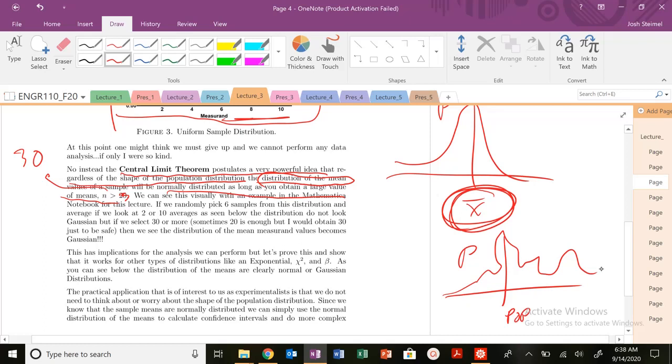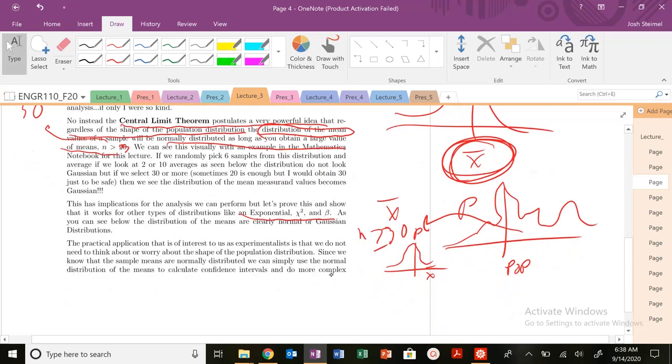But always, if I take enough samples, if I grab enough x bars, where the number of means is greater than or equal to 30, those x bars will always be normally distributed when plotted. So my sample means will always be normally distributed. We've shown that it works in all these different distributions.